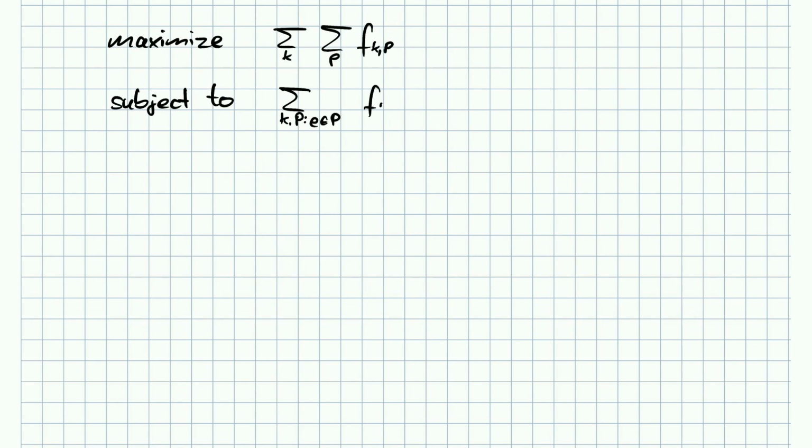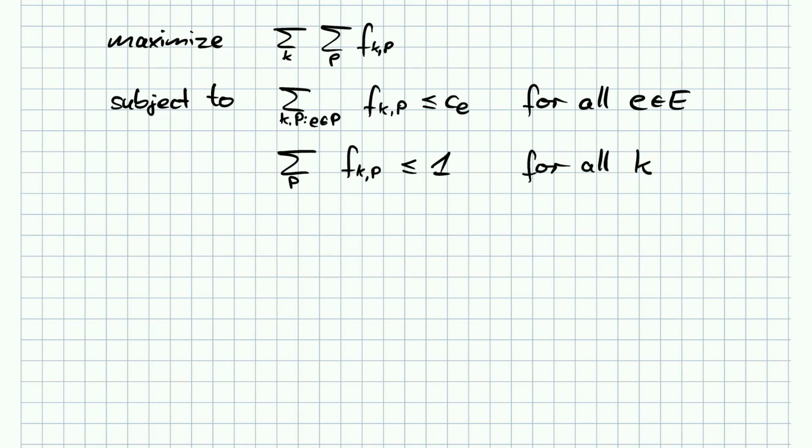So we would have to maximize the sum of all k, sum of all p, f_k,p, subject to the sum of all k and p, where E is in P_k,p, of f_k,p being at most CE for all edges E, and we'll have that the flow that we send along one path is no more than 1.